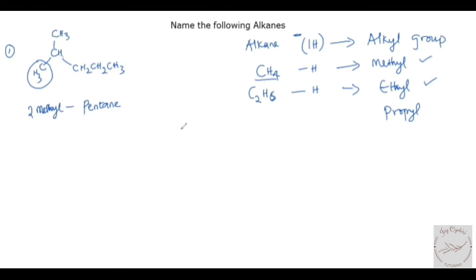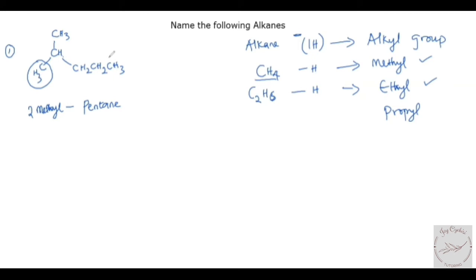Okay, so another thing I would like to point out is that numbering is very important, and which side you number from is also quite important. Now, if you number from this side, it gives a lower number to this attached group, right? And that is the proper way of numbering.